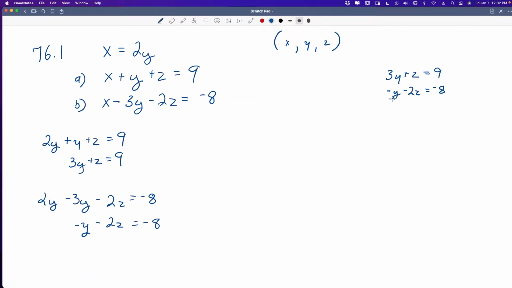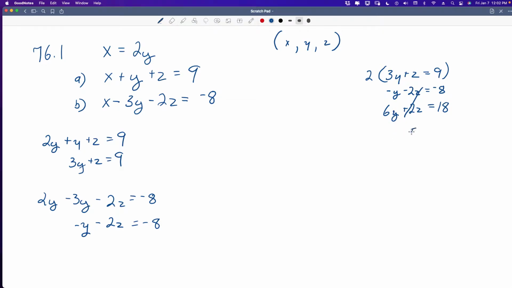All right, so what I'm going to do, I'm going to solve with elimination on these two. So what I'm going to do is I'm going to multiply this one times 2. So this is a negative and a positive z. So this becomes 6y plus 2z equals 18. So these two eliminate.